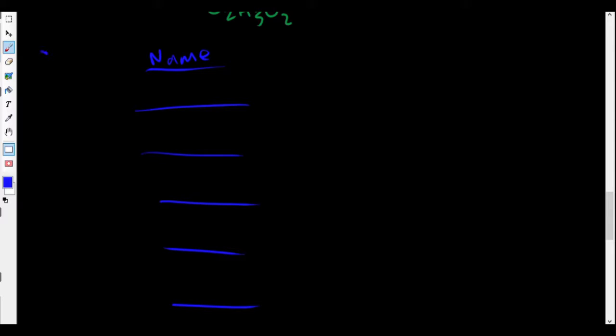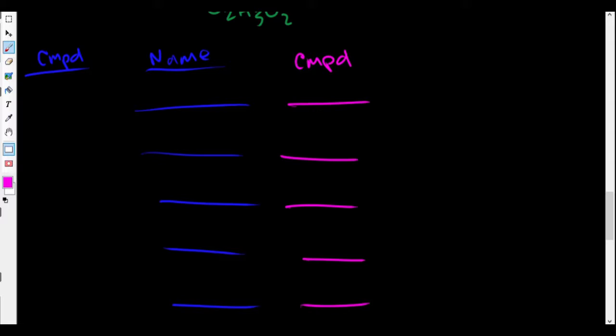And then the ones in pink will go with the compound. You'll write the compound, and I will give you the name.